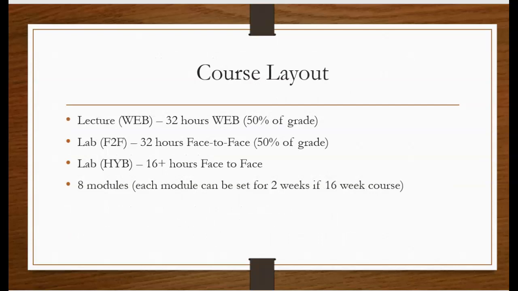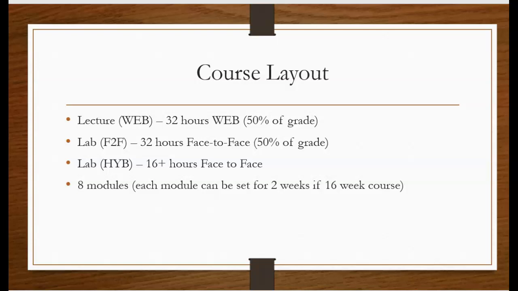Now, the layout of this course is a lecture and a lab. It depends on how it's been set up by your director, but there are a few options. Typically, the lecture is a 2-credit course and the lab is a 2-credit course. The lecture is web-based and has 32 contact hours, which is 50% of the grade for the course.